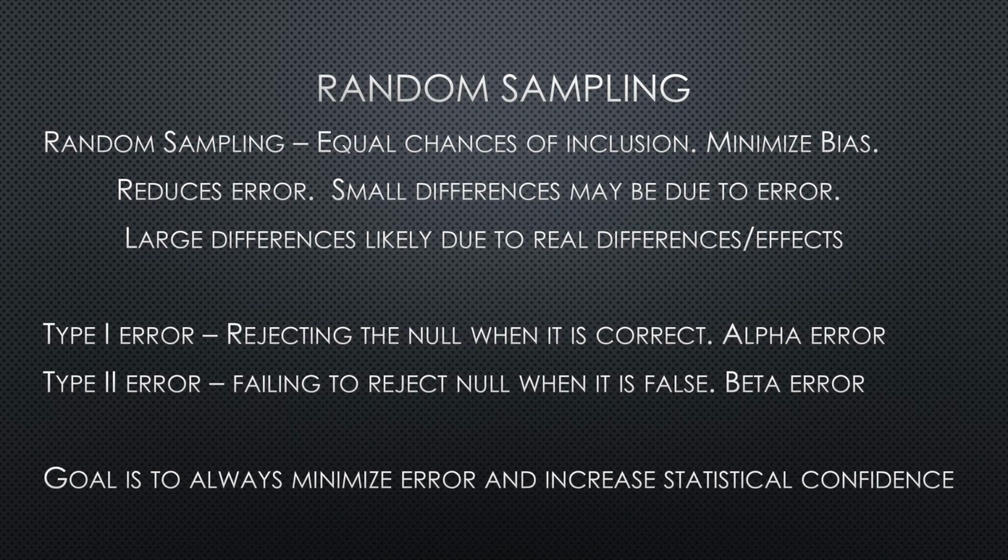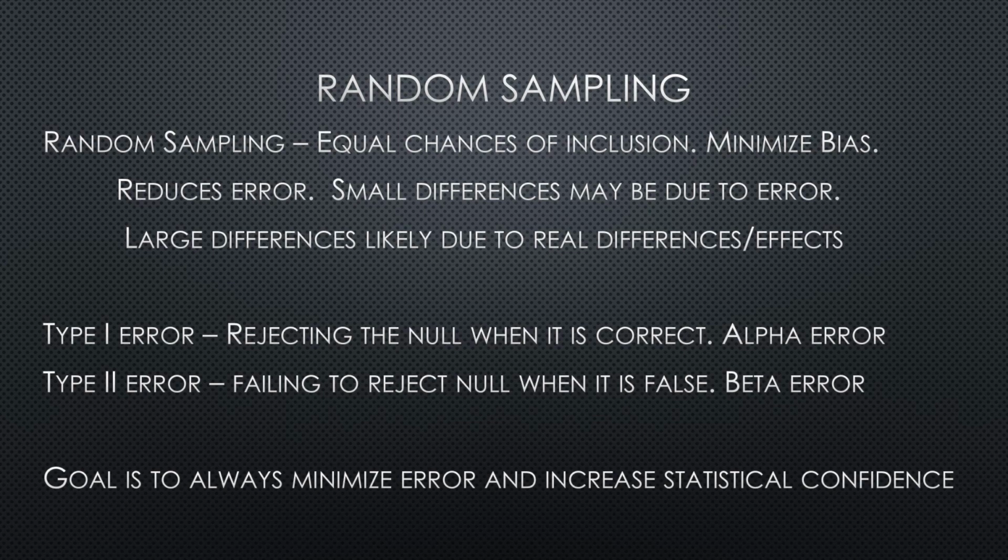Now, if you made a mistake, it's because you increased your chances of making your error too high, meaning you set your alpha level, let's say at 0.2, that means you have a 20% chance of being wrong. You really don't want that in science. It's too much. Okay, we like it usually around 5%, 10%, or 1%. That's usually where we're at.